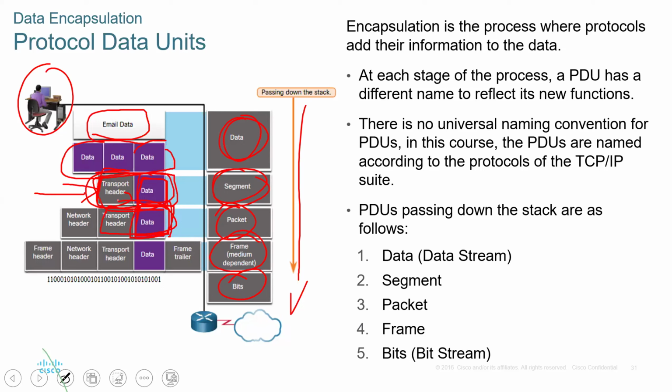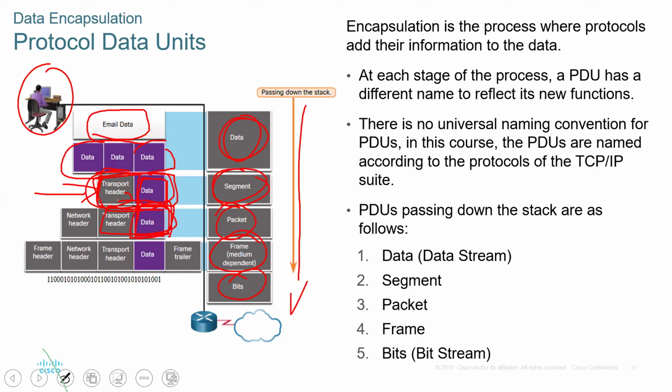Maybe the source IP address, the destination IP address, whether it is version 4 or version 6, and details relating to the network layer, which we're going to see in another topic. It adds this information because the message will get to a device that deals with the network layer, which is a router.